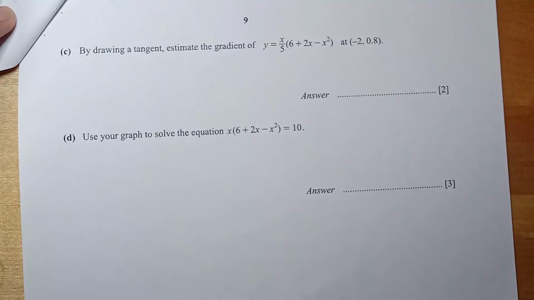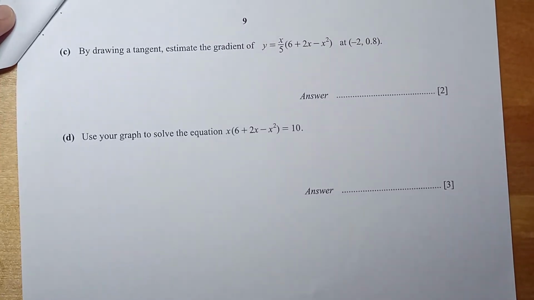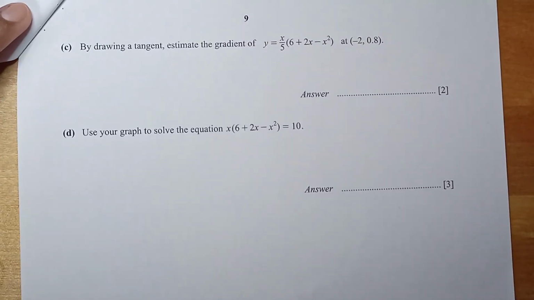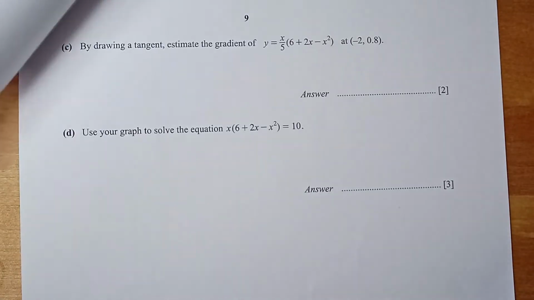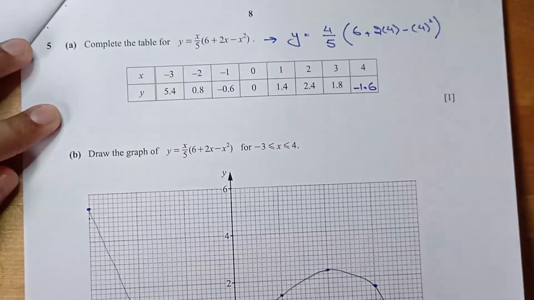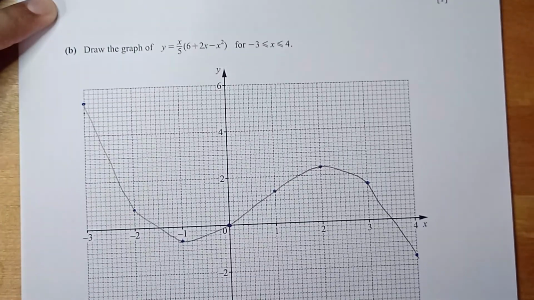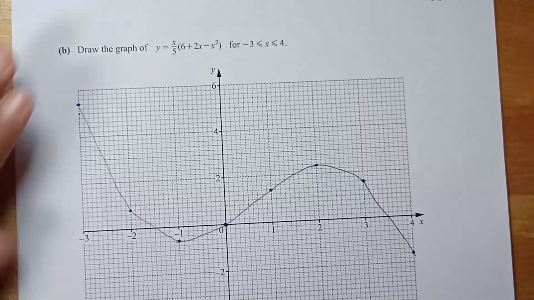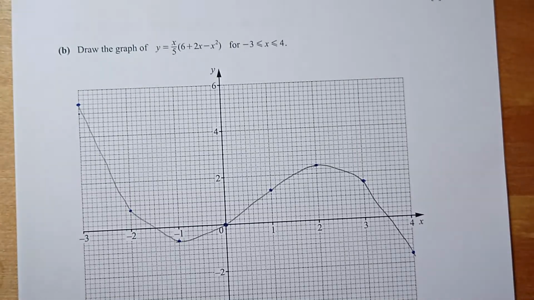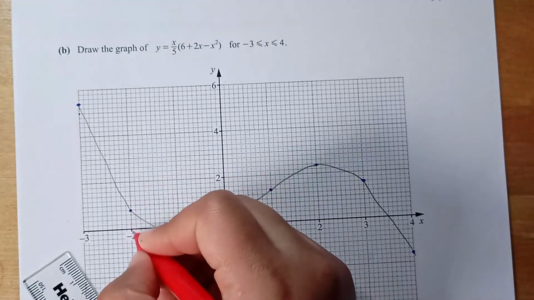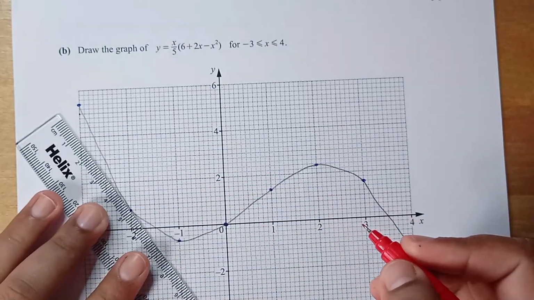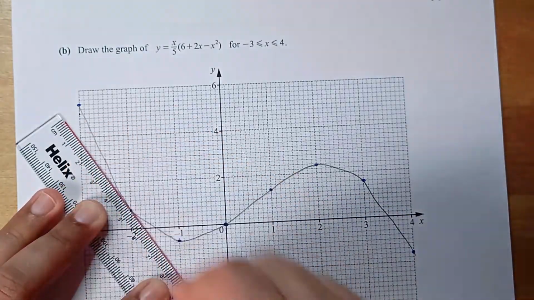Now for part C, by drawing a tangent, estimate the gradient of the function at negative 2 and 0.8. Okay, so going back to the grid, let me draw the tangent first at negative 2 and 0.8. So x must be minus 2 and y must be 0.8. So let me draw the tangent here at x is minus 2 and y is 0.8. So this line is a tangent.